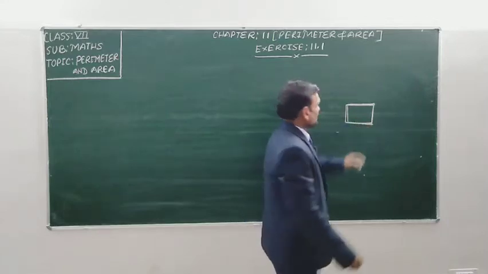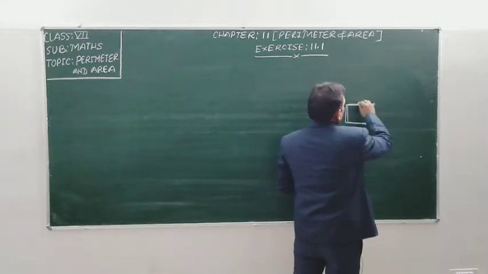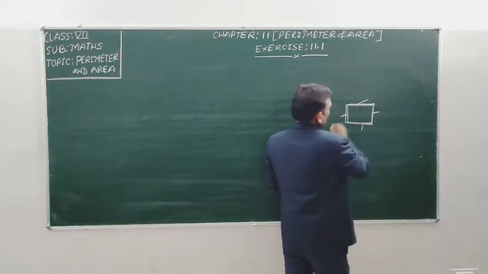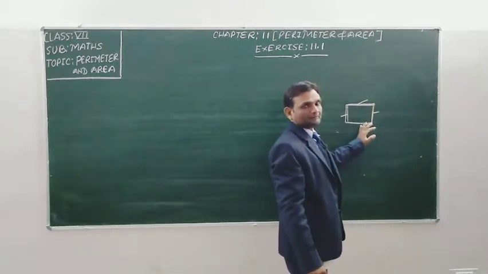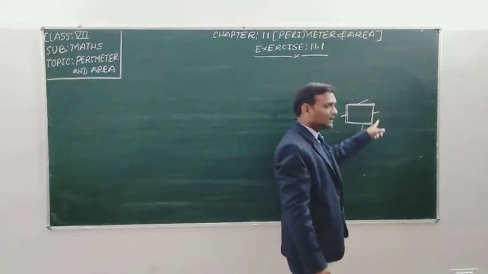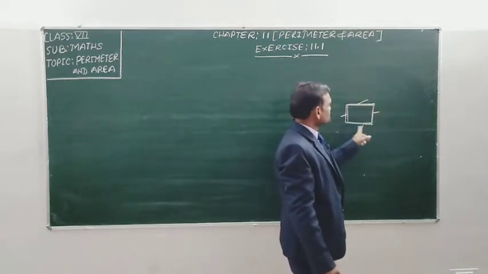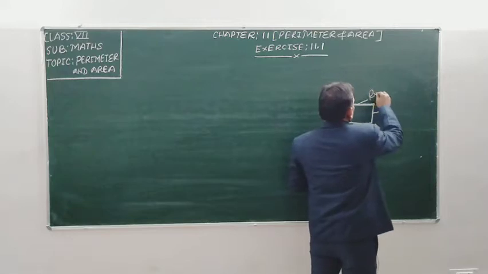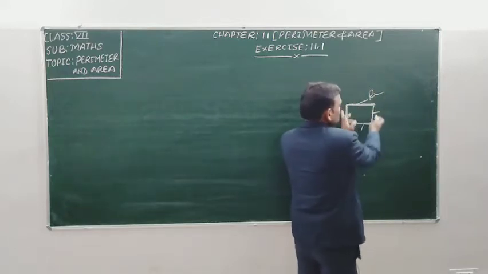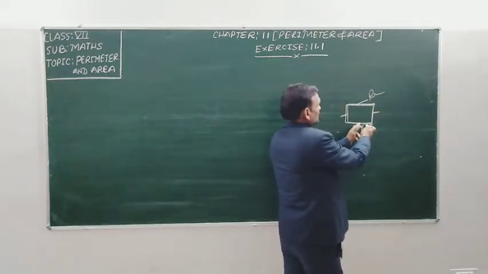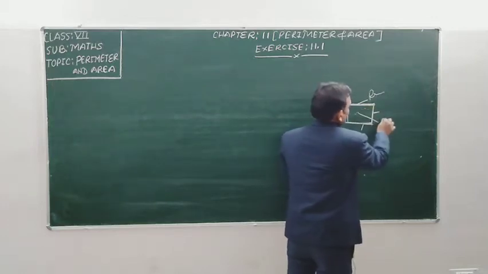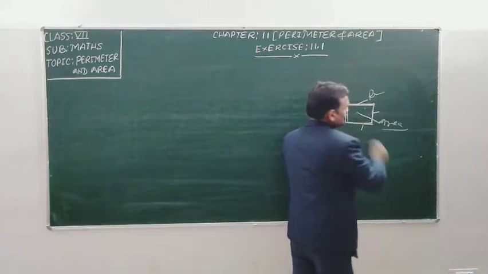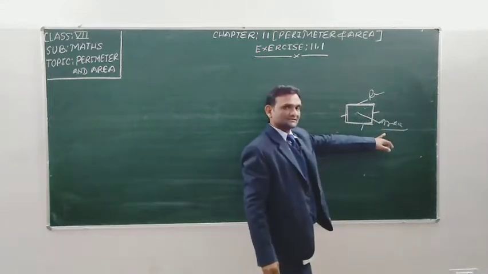The length of the boundary, the sum of the lengths of the boundary, is called its perimeter. But the amount of surface enclosed by this closed figure is called its area. I have discussed this in my previous video.